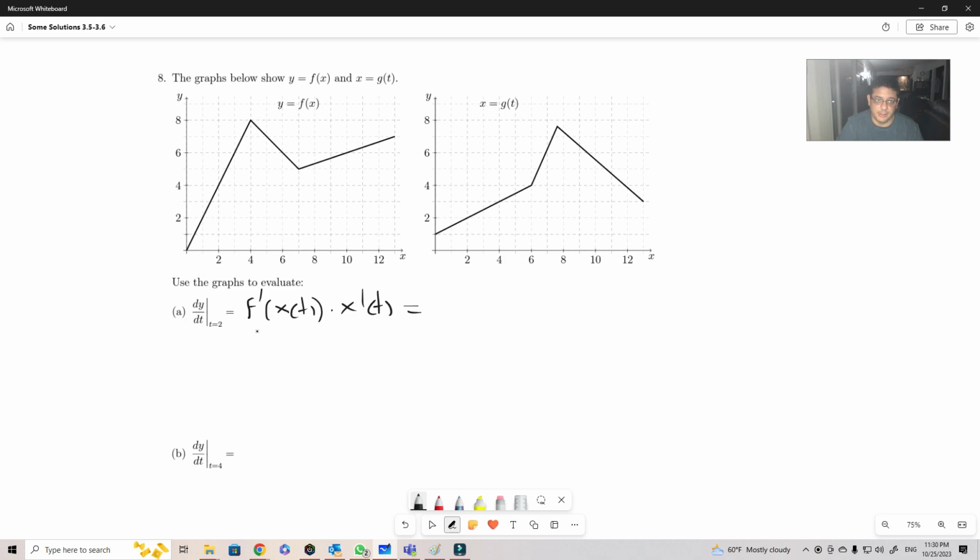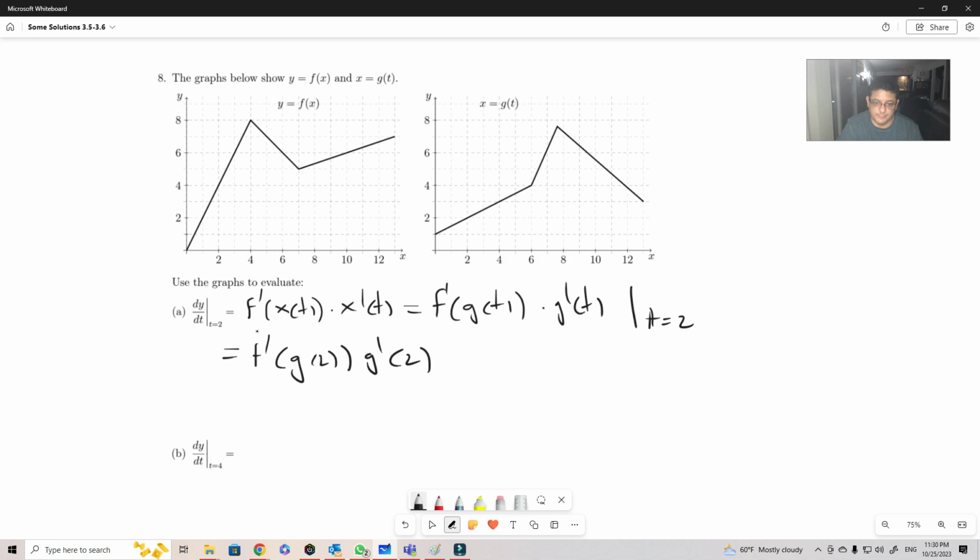But x prime of t is just g prime of t, and x is g of t, so this becomes f prime of g of t times g prime of t. And now if we're evaluating t equals 2, then that means that we have f prime of g of 2 times g prime of 2.